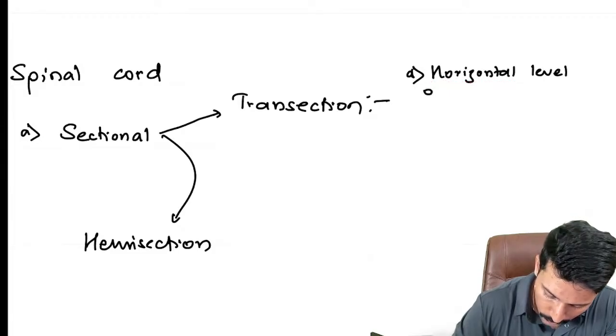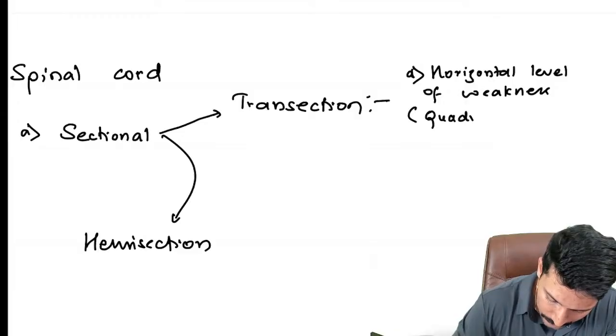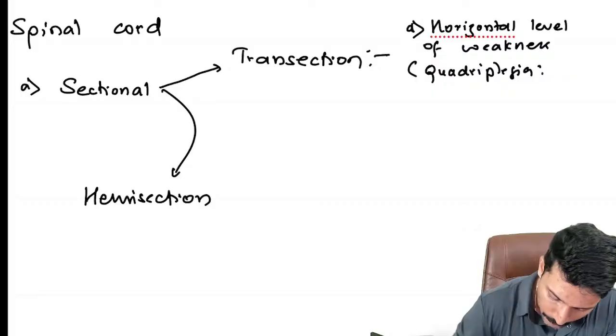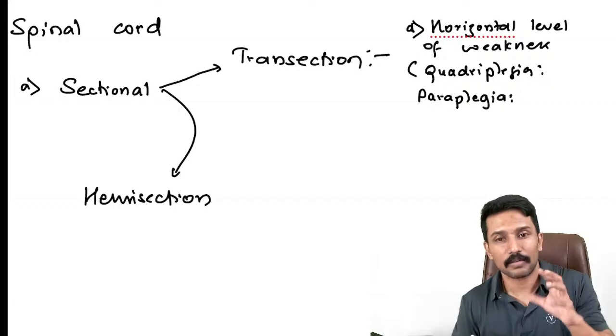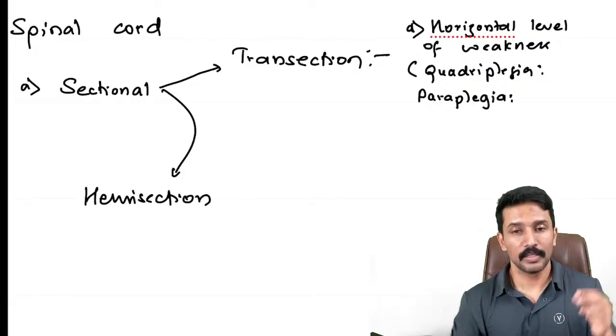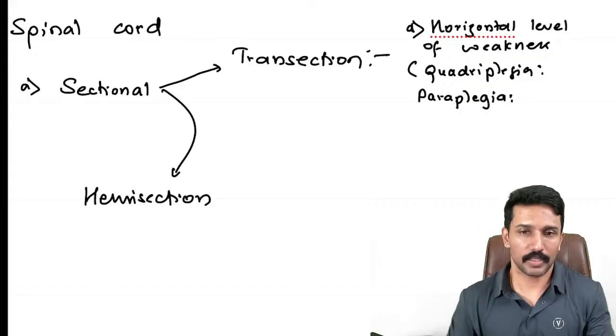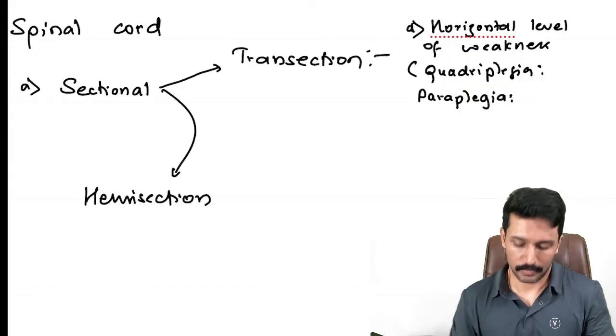And that horizontal level of weakness could either be quadriplegia or paraplegia. When do you get quadriplegia? When the level of lesion is in the cervical segments, because the upper limb receives the nerve supply from brachial plexus, which is formed mainly from the cervical segments C5, C6, C7, C8 and a little bit from T1.